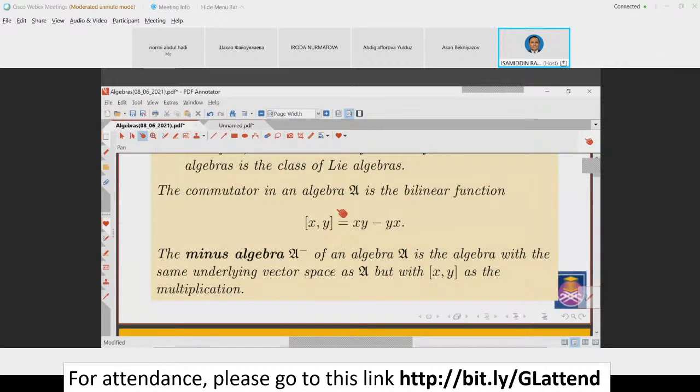Now, of course, you can consider algebra A with respect to this bilinear function. So you may consider A with this bracket.